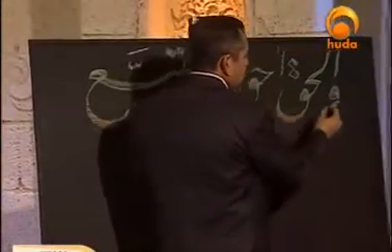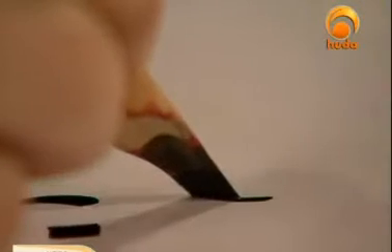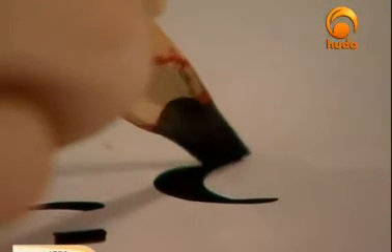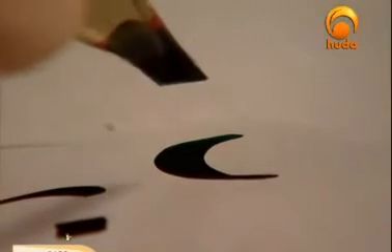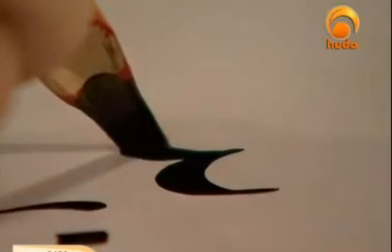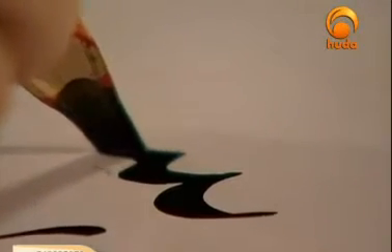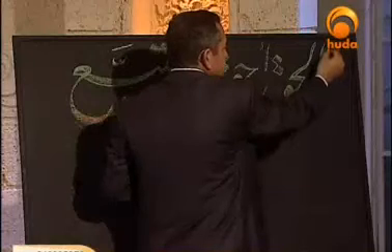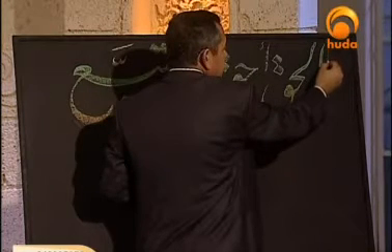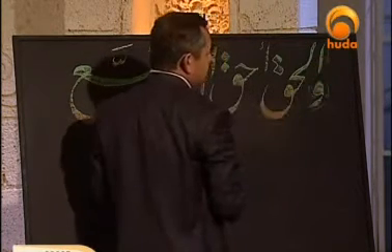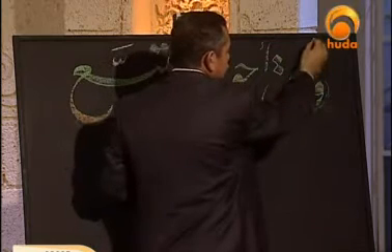So the direction also starts from here and goes down, one step, the other step. Alif, up to down. Lam, a little bit of curve here.